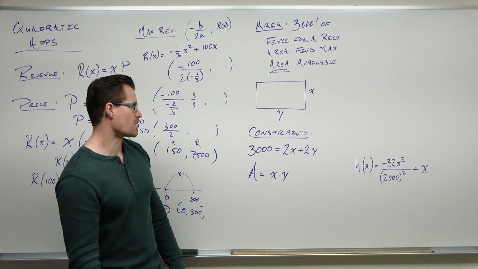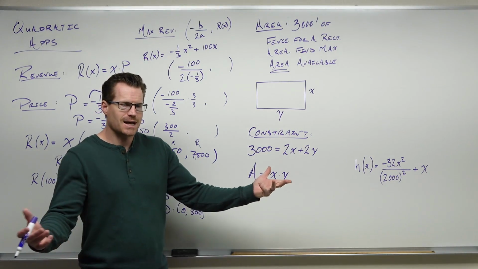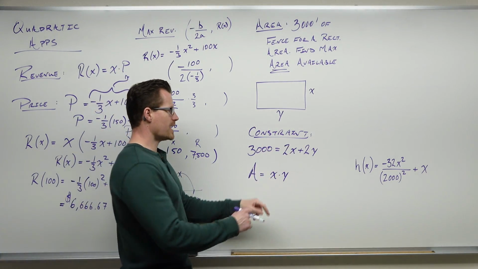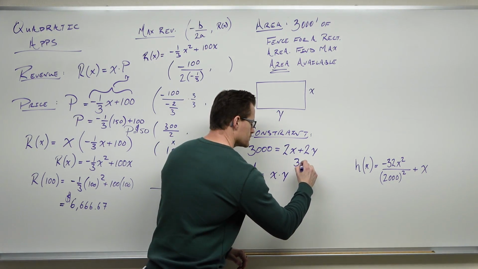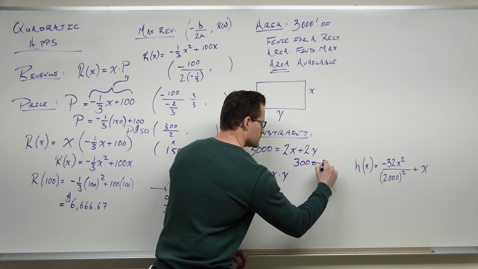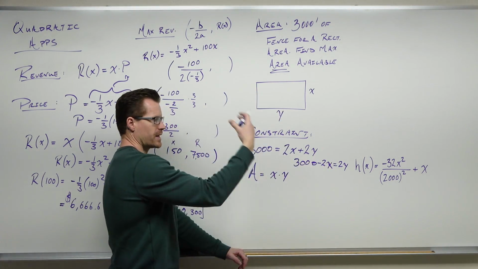So take your constraint and solve it for a variable. In this case, I'm going to solve this for y. Why? Because I like solving for y. If I do that, I would subtract 2x and divide everything by 2.